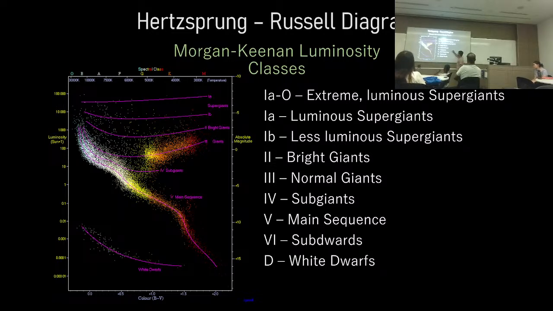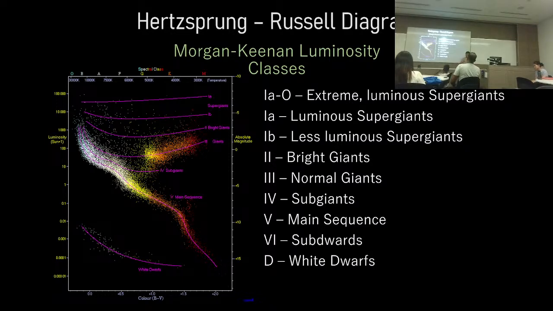What does it mean to be on the main sequence? These stars are fusing hydrogen into helium, as we talked about before. This is important. It's fusing hydrogen into helium in its core, and that's why it's called the main sequence.